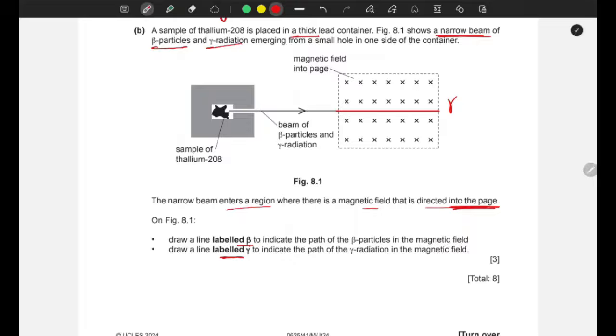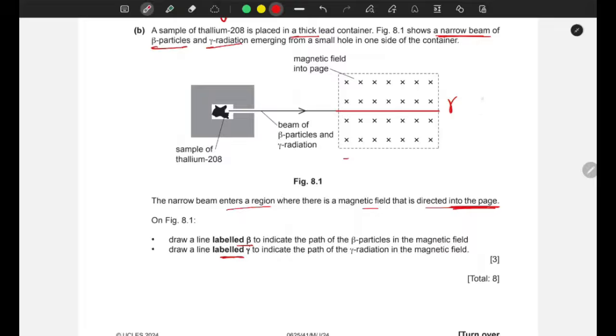So using Fleming's left-hand rule, if the magnetic field is into the page, that indicates that the direction of the current is downwards. Whenever we're looking at Fleming's left-hand rule, we consider conventional current.